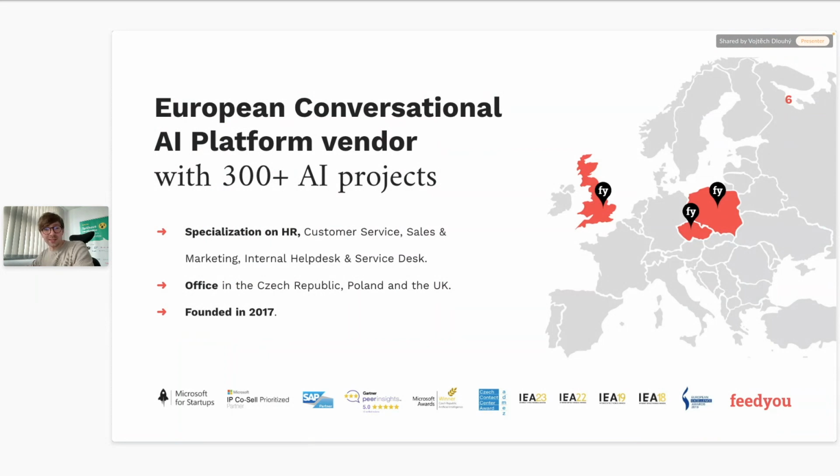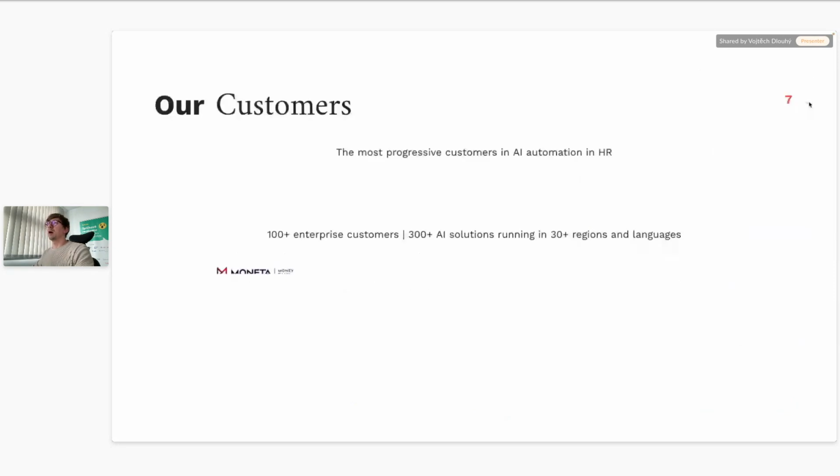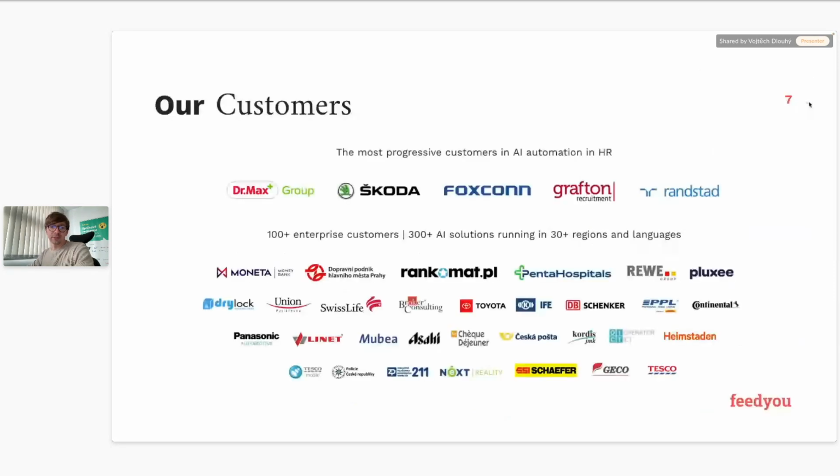We are in this playground, in this business since 2017, so before this current AI hype. And we are recognized by, for example, Gartner or Microsoft, with whom we work from the very beginning. We are fortunate to work with one of the greatest brands in Europe and beyond.